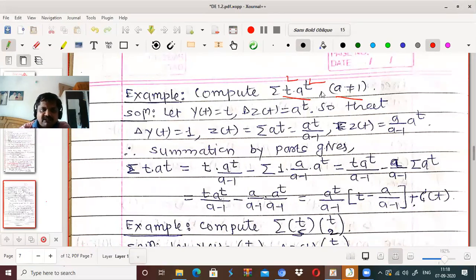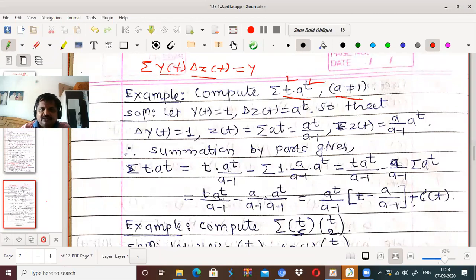Product means which formula is there? We have a formula of this type: summation of yt into delta zt. Isn't it? This is the formula. So the first function is yt and the second should be delta zt. And then its formula is what?